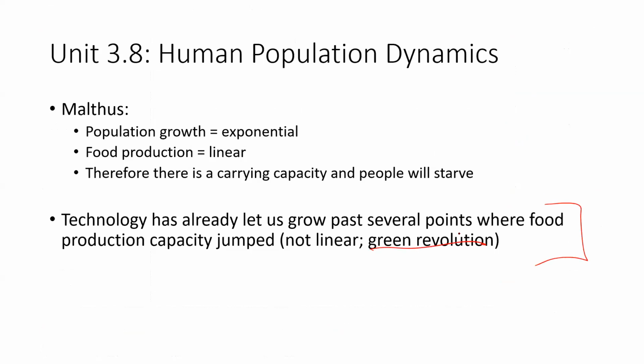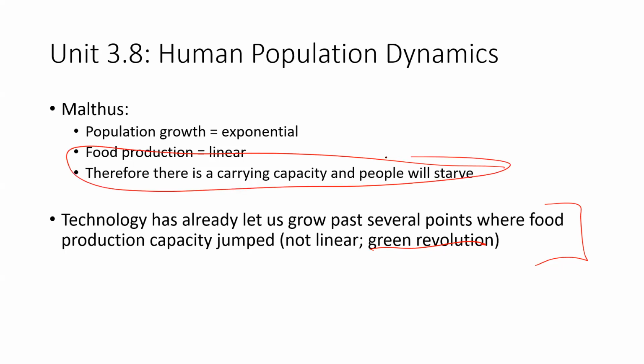Technology has already let us grow past several points where we thought this might happen because food production capacity jumped. It was no longer linear. And the best example of that is the Green Revolution, which we'll go over again in the agriculture review. So technology has allowed us to kind of not have this dire prediction that Malthus suggested happen.